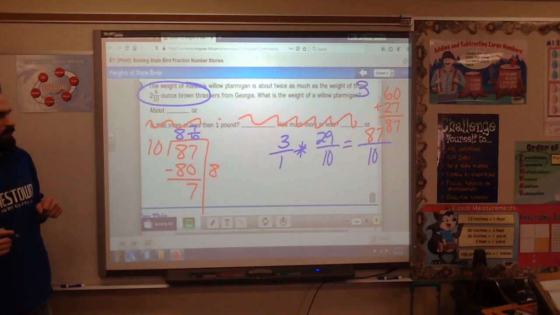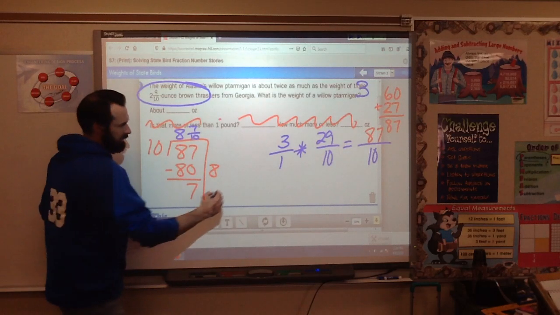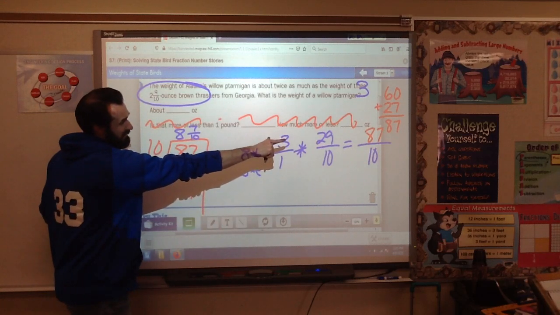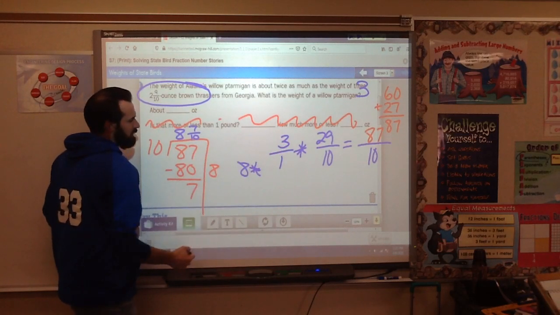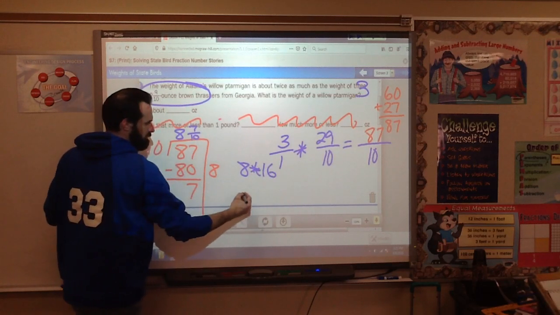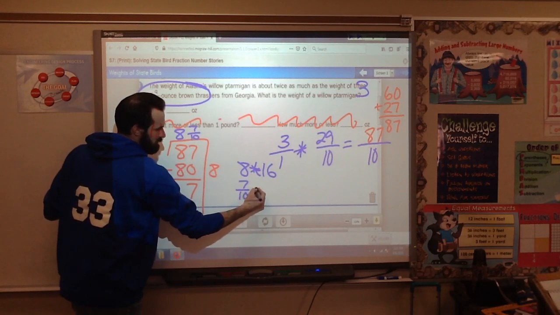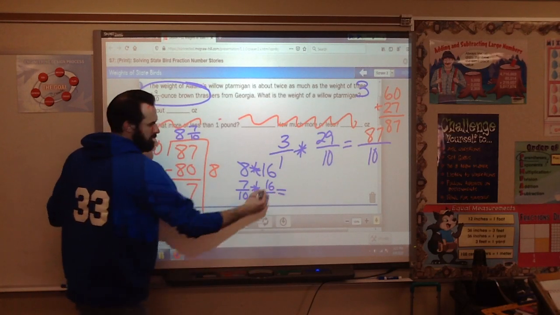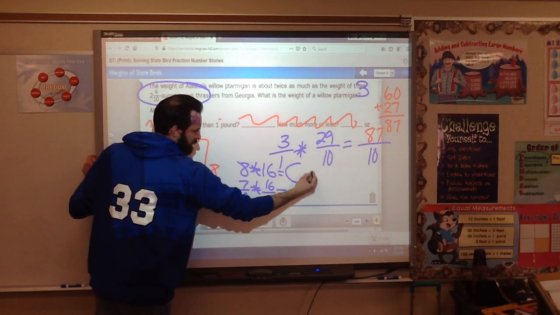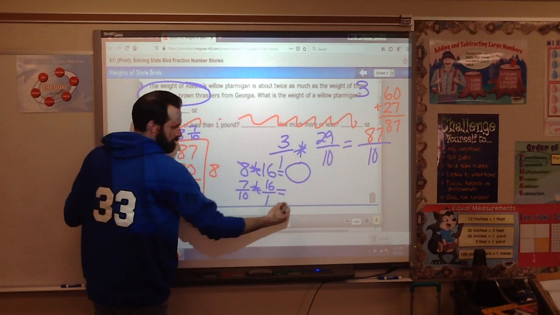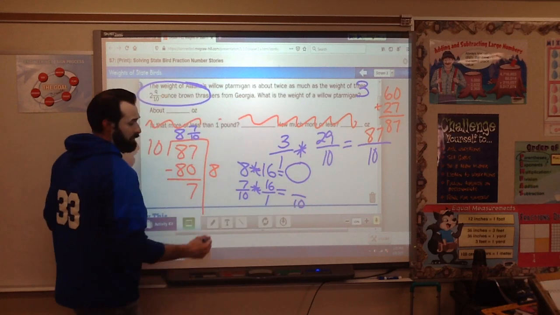And if I wanted to change that into ounces, you could take that and multiply it by 16, which I think today is probably enough. But you'd have to take 8 times 16, and then 7/10 times 16 over 1. When you get the answer for this, it's going to get you an improper fraction.